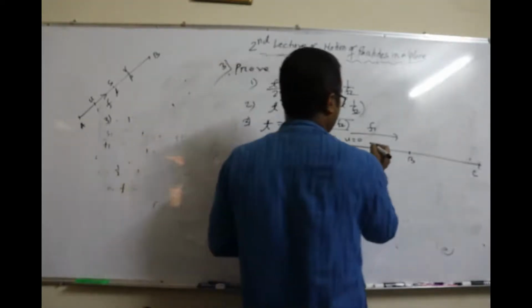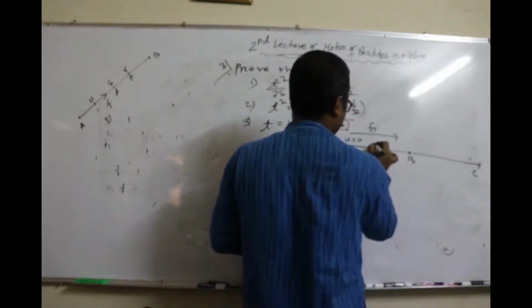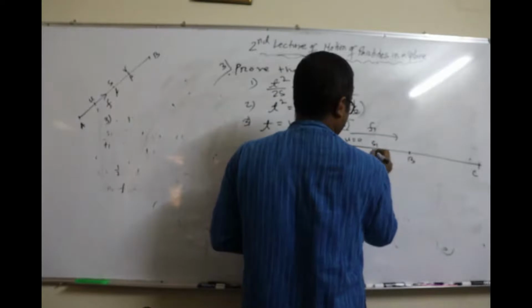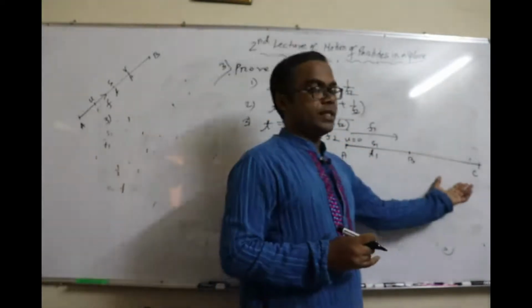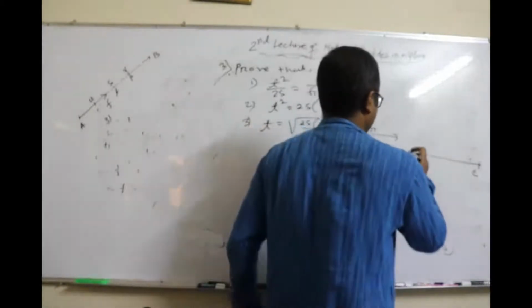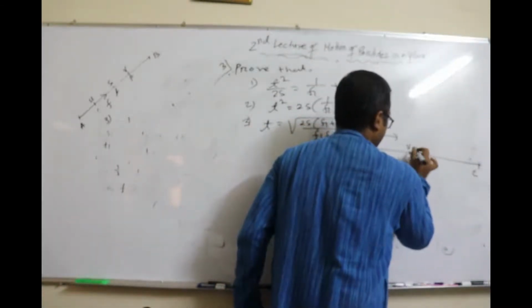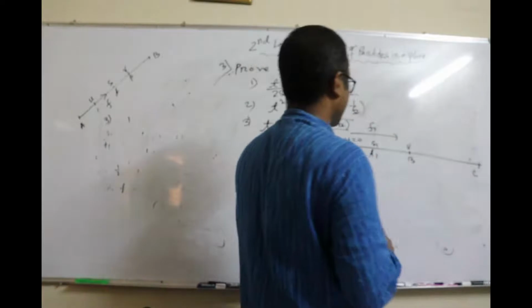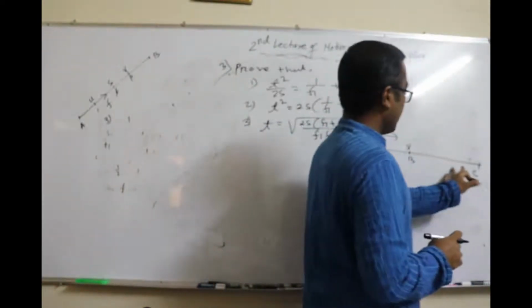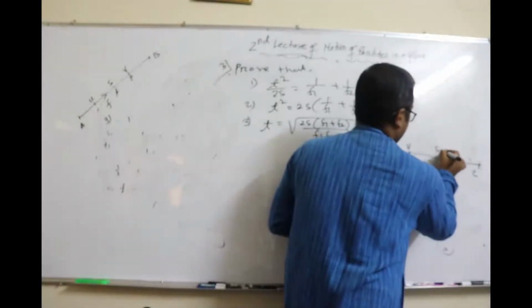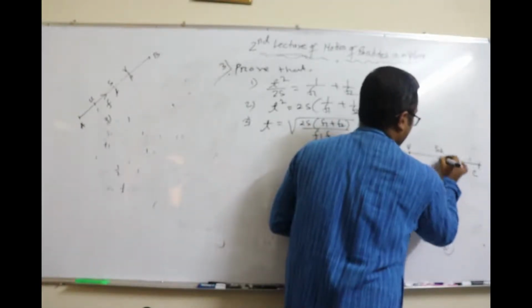Here distance s1 in time t1. Clear? Okay, for BC and velocity v at B.